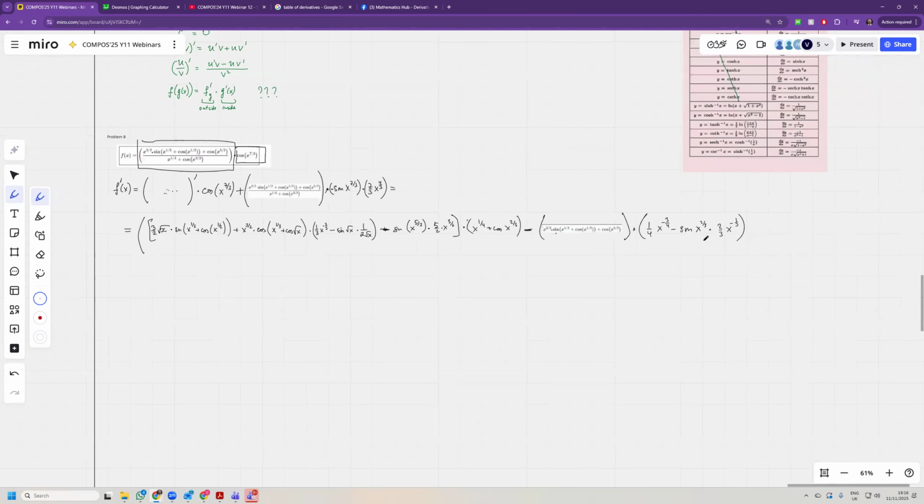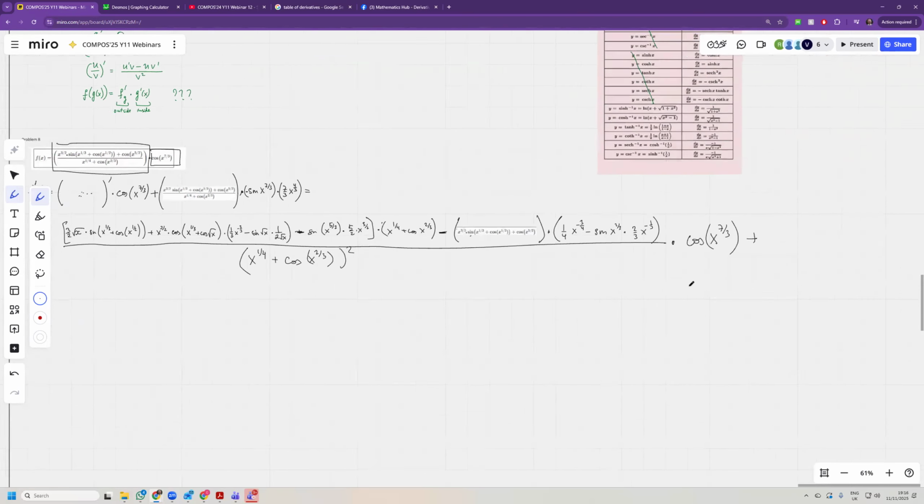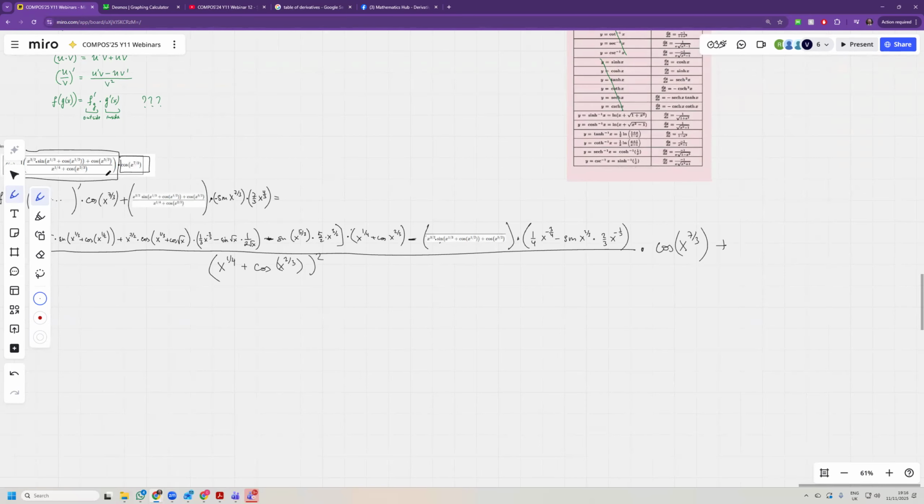And that concludes the top part of the quotient rule, all over x to the power 1/4 plus cos x to the power 2/3 squared, and then that multiplied by cosine x to the power 7/3 plus, well, plus that.